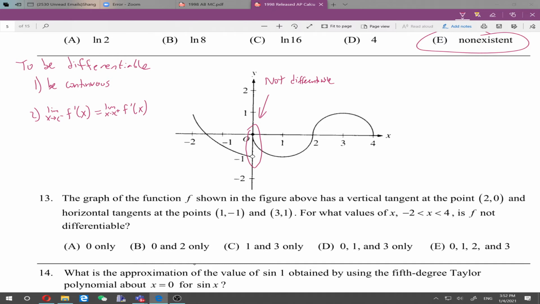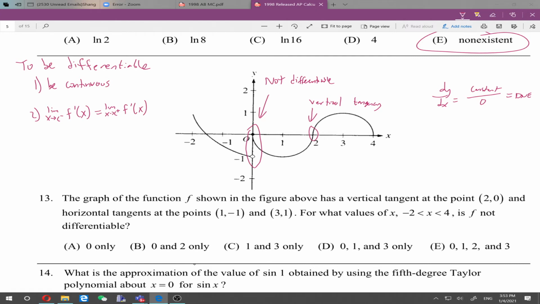Two. At x equals 2, right? So at x equals 2, we've got a vertical tangent line. In order to have a point of vertical tangency, our derivative dy over dx would have to be some number over 0, right? Which is undefined.